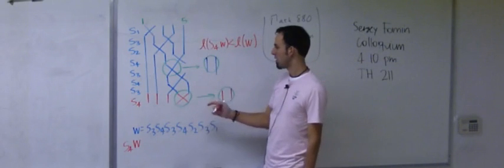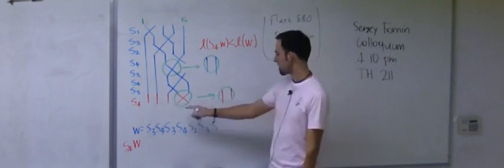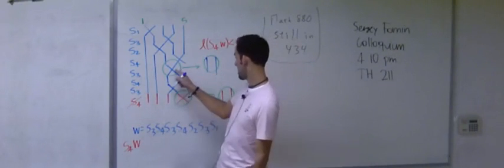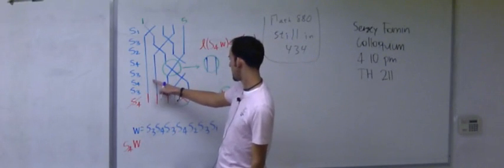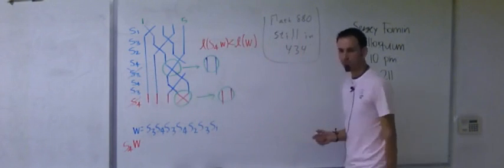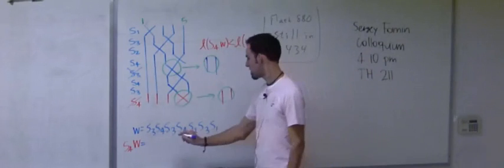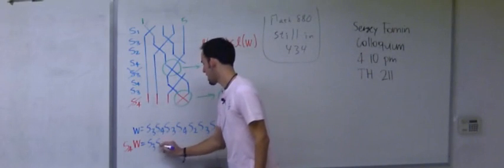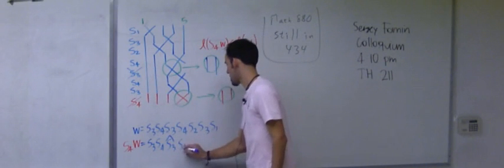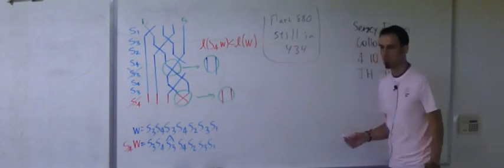And I have shortened my word, because I'm basically getting rid of S4 and getting rid of this S3. So that means that I can write this as S3, S4, then this S3 hat is the one that disappears, S4, S2, S3, S1. Okay?